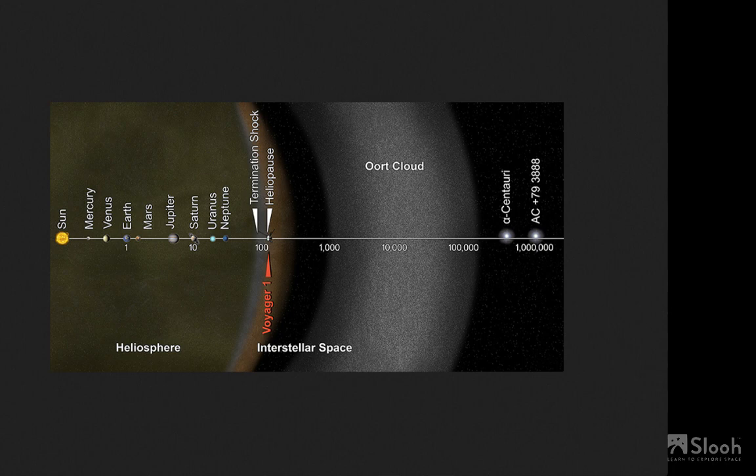It extends 1/3 of the way from our sun to the next nearest star system. And it's the source for long period comets. Hundreds of billions of icy bodies live out in this Oort cloud. And long period comets, compared to short period comets, are comets that get sent in around orbit of the sun, but they take longer than 200 years to complete.